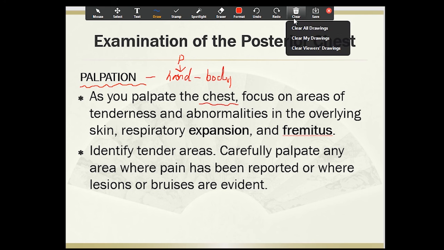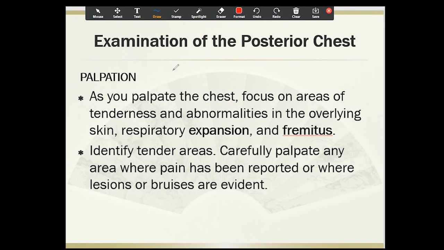So I put a 2P here. Doctor's hand to feel the patient's body part. That's what we call palpation.